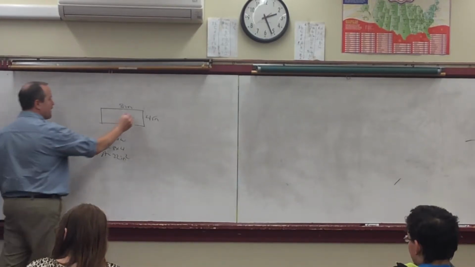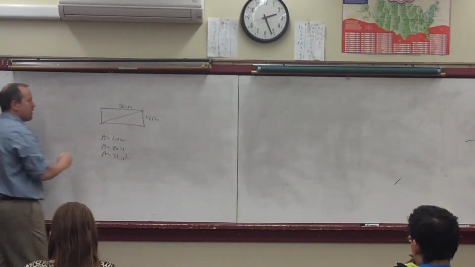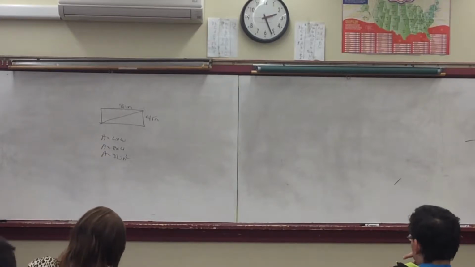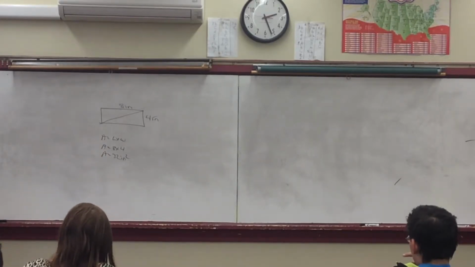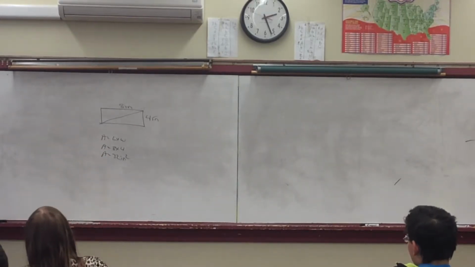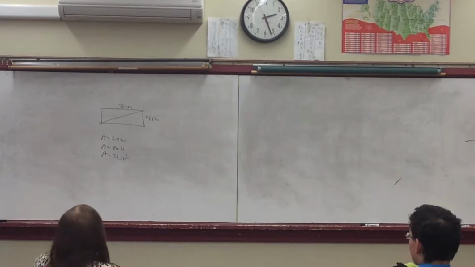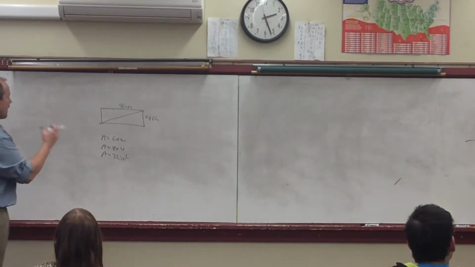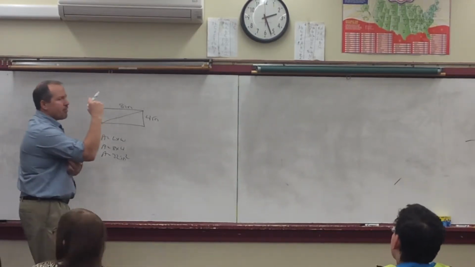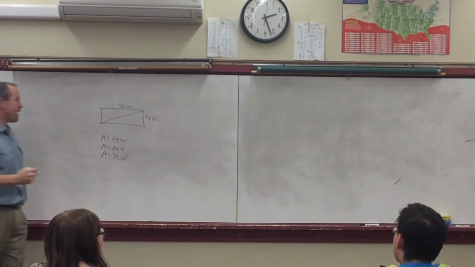If we took this rectangle and we made it into 2 triangles, what would the area of each of the triangles be? Half of the full rectangle. It would be half of whatever the rectangle was, because a triangle is half of a rectangle.